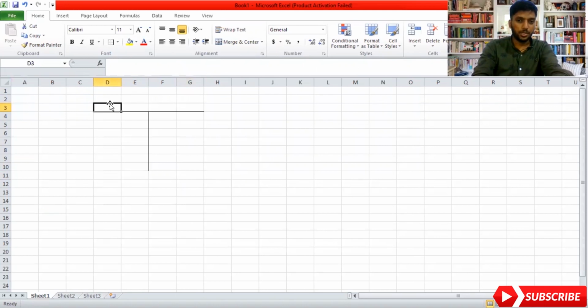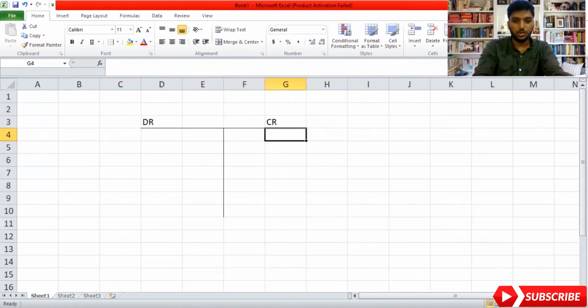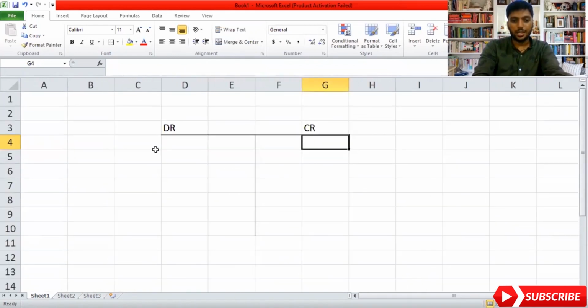You need to remember one thing: the left side column, where I have kept my cursor, is what we say is debit, and the right side column is credit. I'll zoom in a bit so you have a clear idea. In a ledger account, this left side is debit and this side is credit.